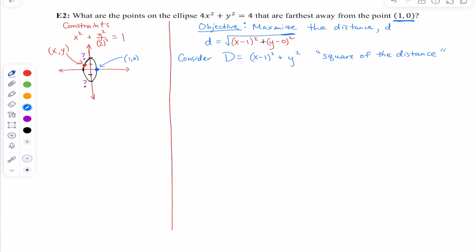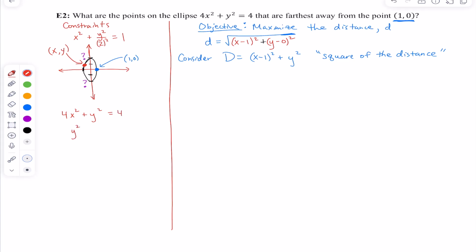Now the issue with this capital D equation is that there's more than one variable. There's actually 2. There's an x and there's a y. So it would be nice to look under the constraints and see if I could make a substitution so that I could get D in terms of one variable. And the answer is yes, this is going to be very much possible. Notice we have 4x squared plus y squared is equal to 4.